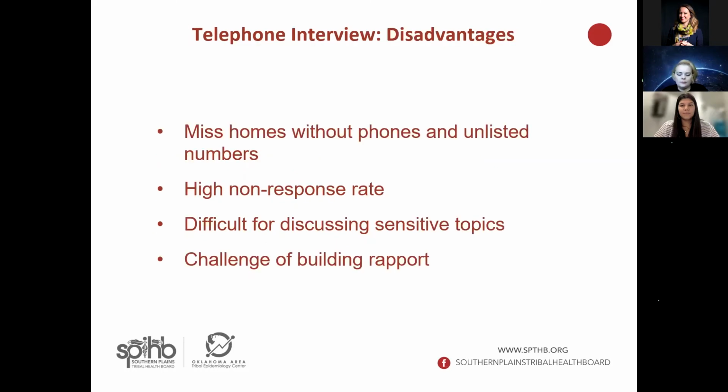There are also some disadvantages. I guess I talked a little bit about that with cost. It's not as costly as in person, but it's still more costly than, say, an online survey or a paper survey. So with a telephone survey, you're going to miss homes if their phone number isn't listed, or if you didn't pay additional money to obtain the cell.